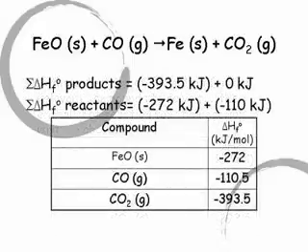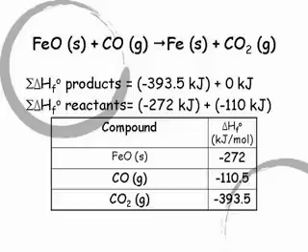Using this table of enthalpies of formation, we can certainly calculate the sum of the enthalpies of formation for the products. For carbon dioxide, it's negative 393.5 kilojoules, and we're going to add that to the 0 kilojoules related to the iron.